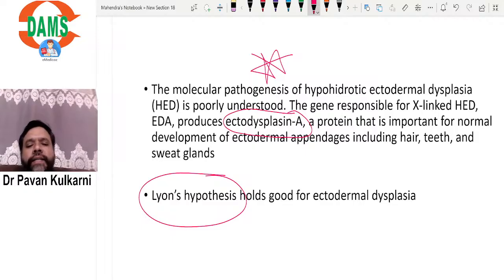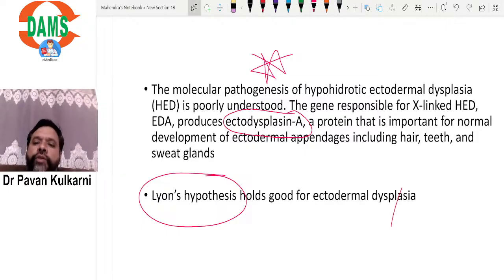Ectodysplasin. It is ectodermal dysplasia. They have taken ecto, they have taken dysplasia, and added in A, ectodysplasin A. That is the gene that is mutated in case of ectodermal dysplasia.